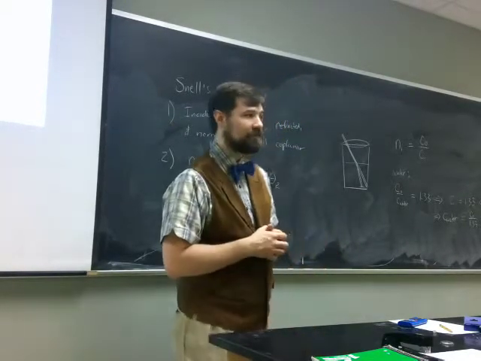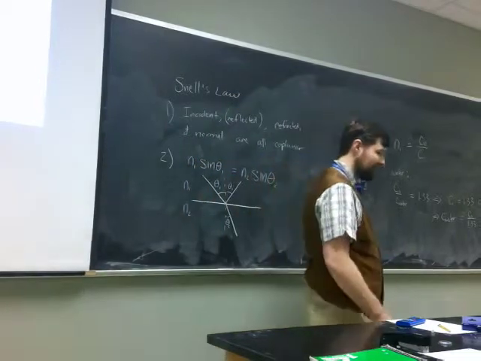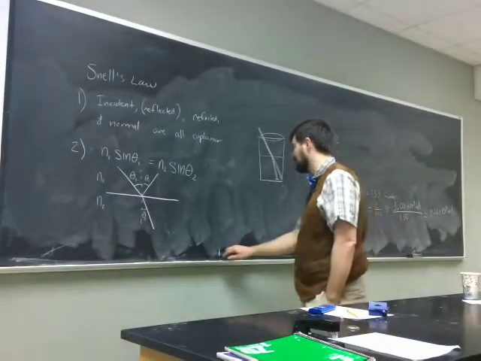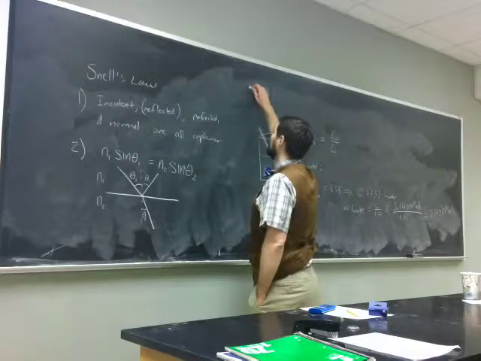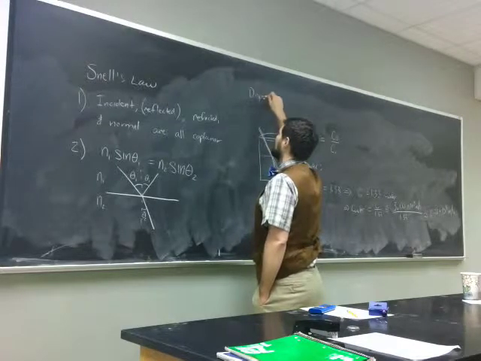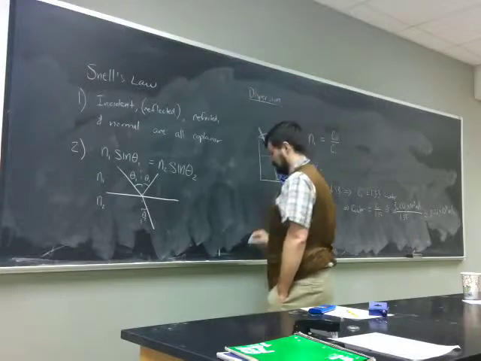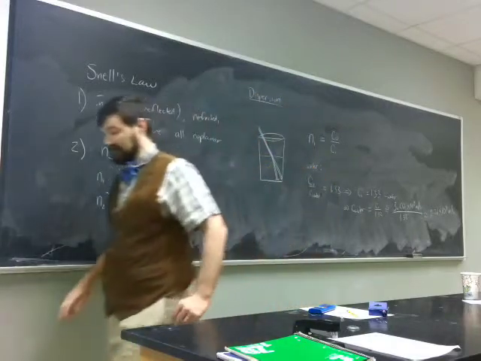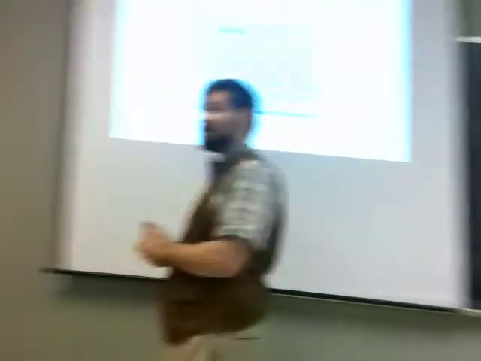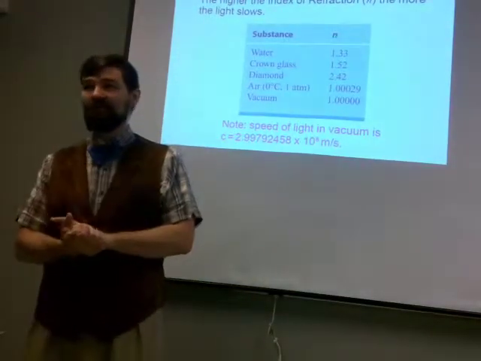So this property of having different wavelengths travel at different speeds is sometimes called dispersion. And dispersion is what causes things like rainbows to form.